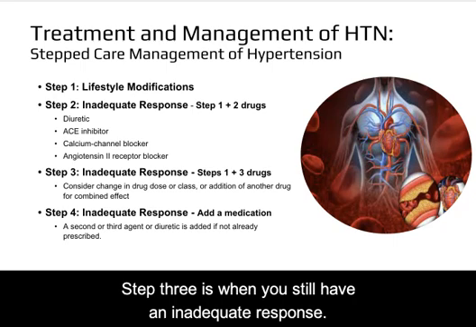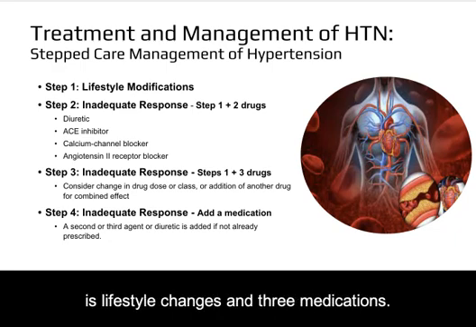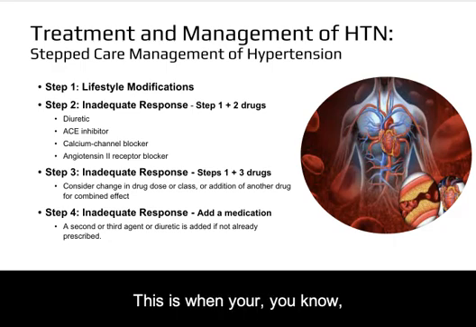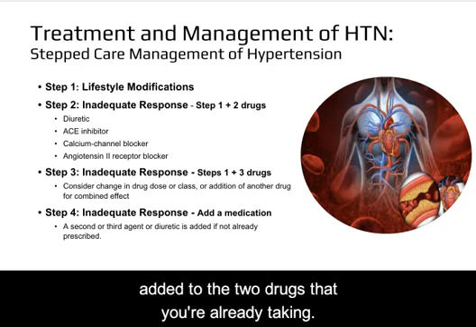Step 3 is when you still have an inadequate response. The next step is lifestyle changes and 3 medications. This is when your drug dose is increased or another class of drugs is added to the 2 drugs that you're already taking.